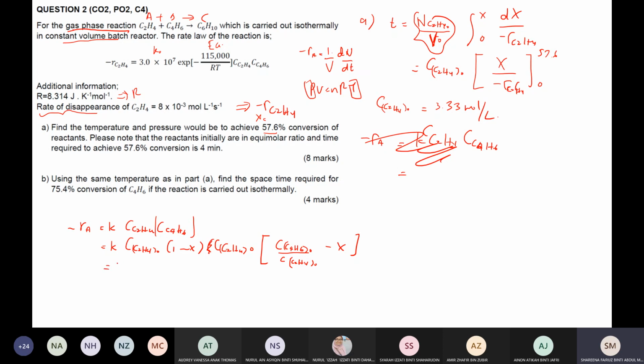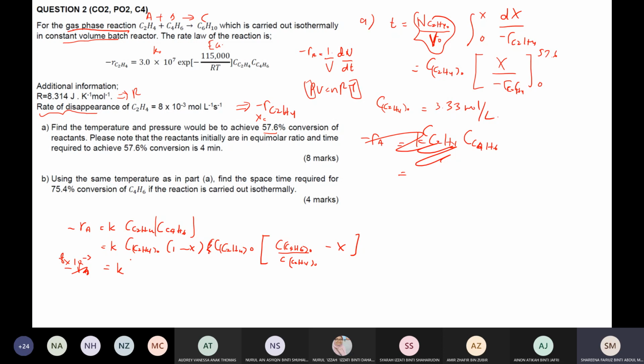So K kita tak tahu sebab sekarang ni K yang dia beri ni adalah K naught. So this one actually is dalam bentuk K naught. So daripada situ you akan dapat what is the K untuk yang asal ni lah, untuk bukan dekat K naught. So daripada sini we have negative RA kita dah diberi which is 8 times 10 to the power of negative 3.